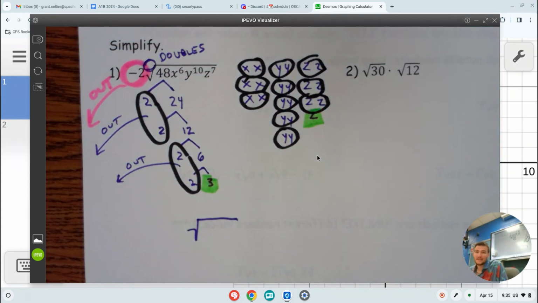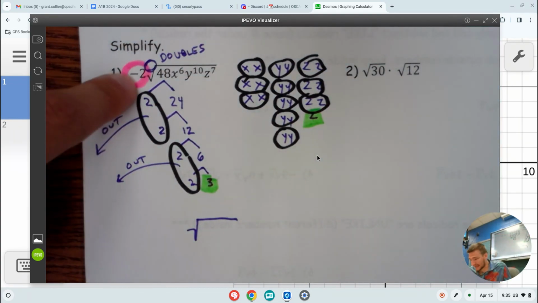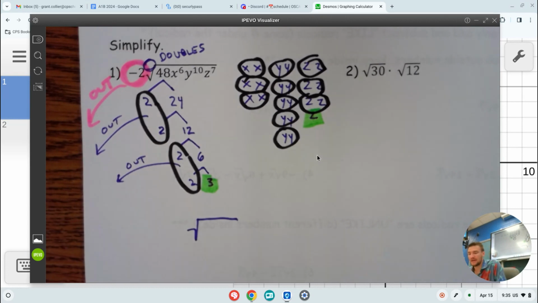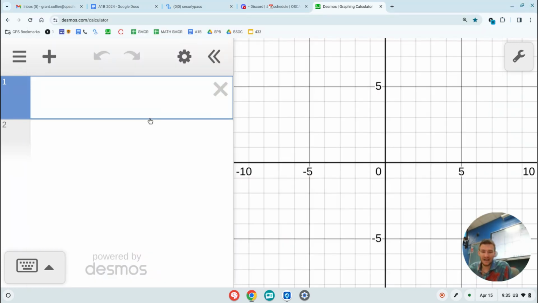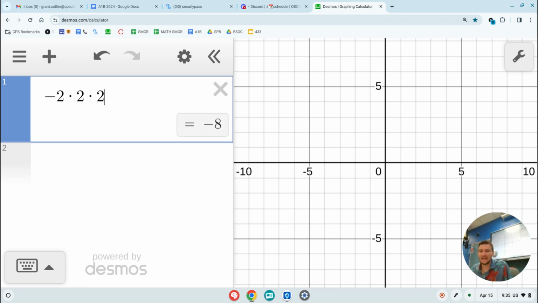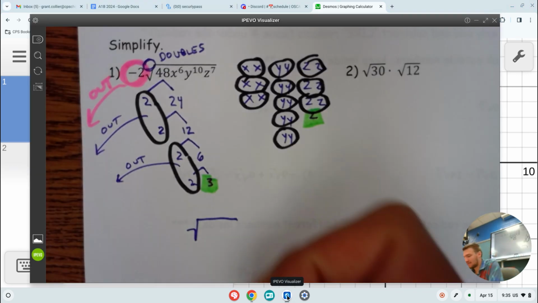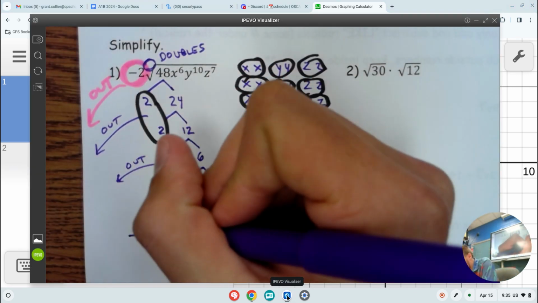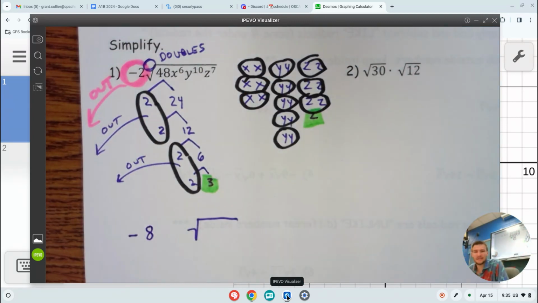So actually, we're going to have a negative 2 and a 2 and a 2. And all of those things will not make 6. They will make 8. If you're not sure, negative 2 times 2 times 2 is negative 8. A very common Algebra 1 mistake is that 2 times 2 times 2 makes 6. But it doesn't. It makes 8.